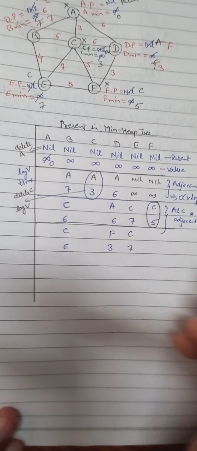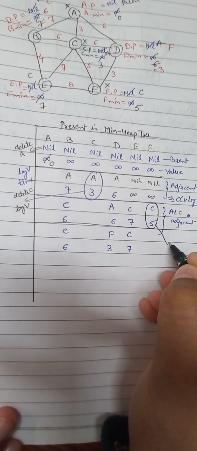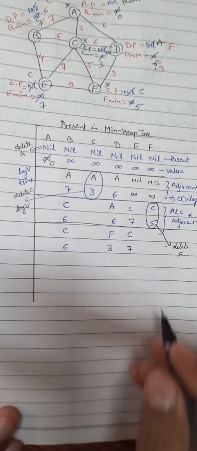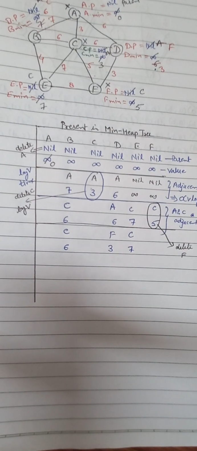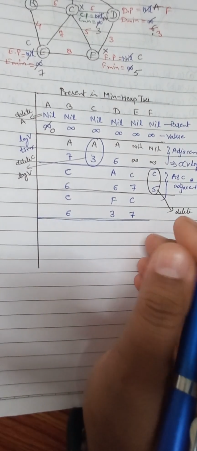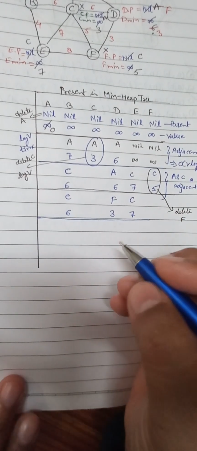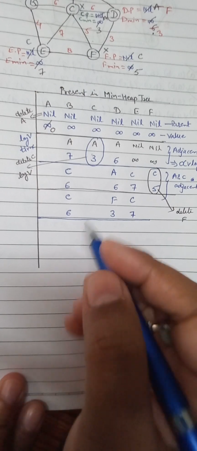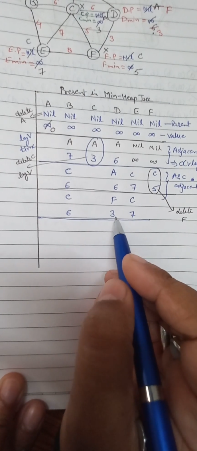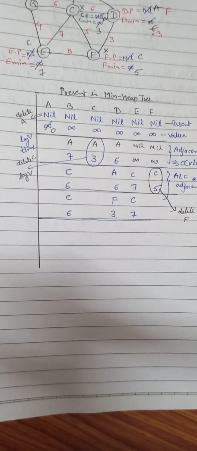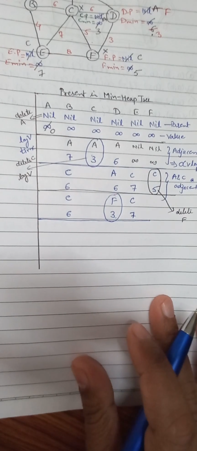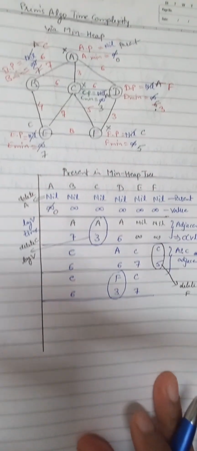So now we are deleting F. Now we are going ahead. Now what is minimum? The minimum is D here, with the minimum value. So we are going to delete D now.